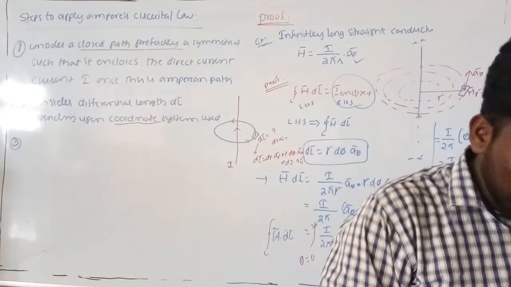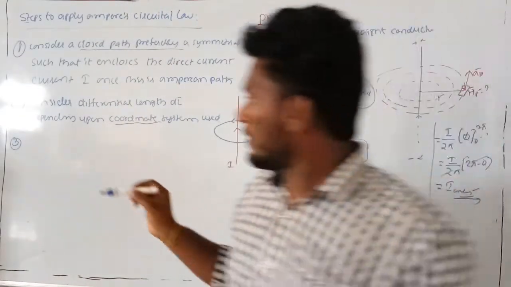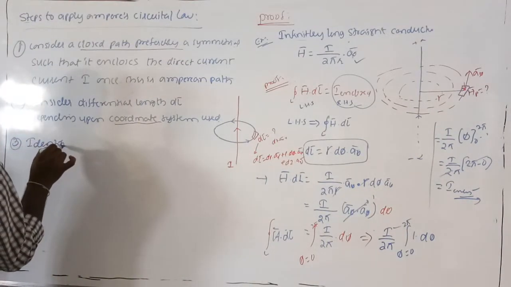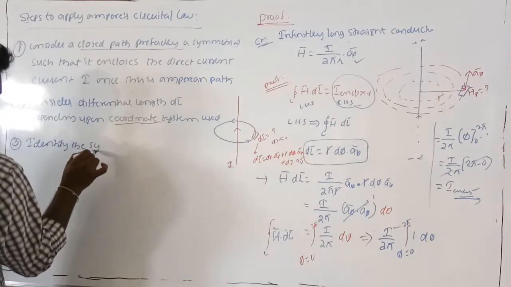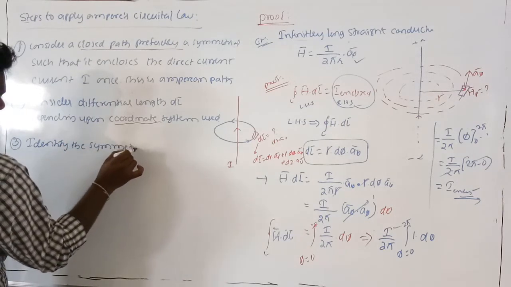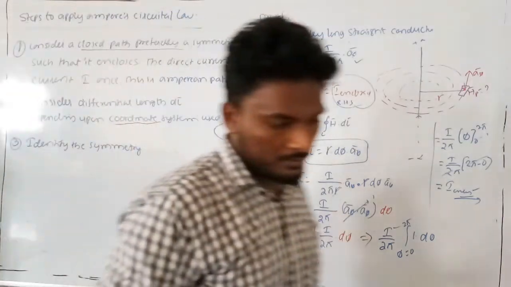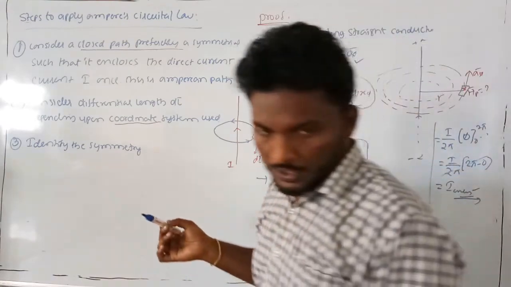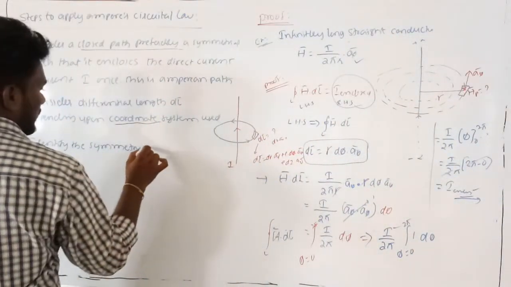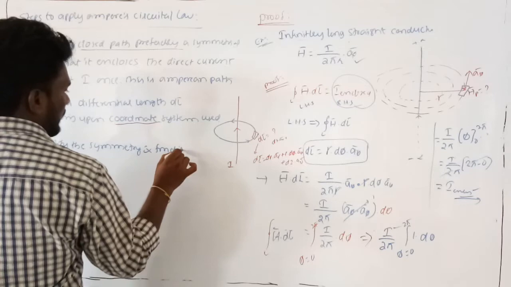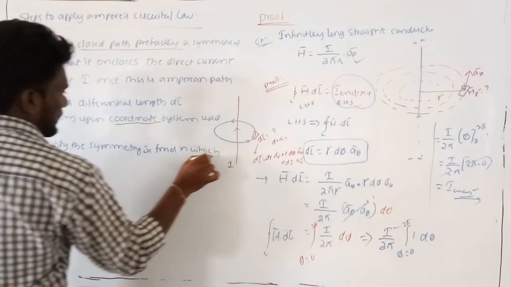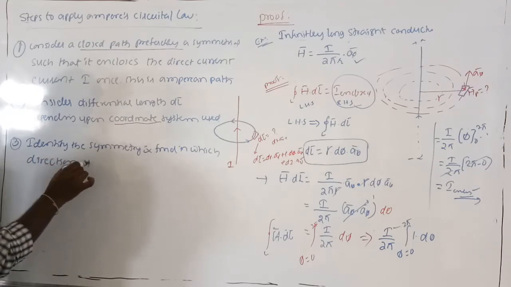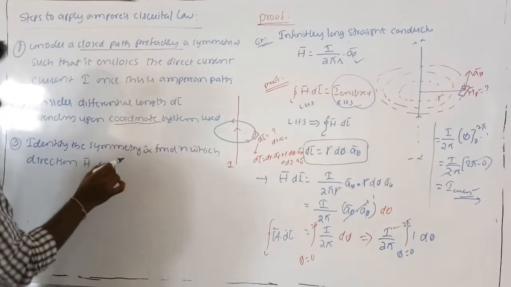Step number 3 is identify the symmetry and find in which direction H bar exists.